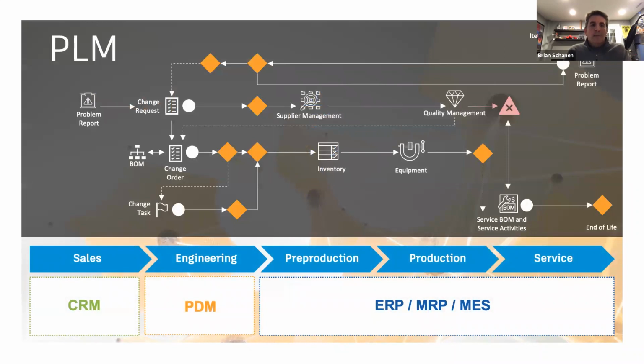So a bit of an eye chart here, but there's a typical process. This is something that can happen day in and day out. The schematic that you're seeing here is what happens. There are different tasks and changes. We know that not everything goes out the door at revision A or revision 1. Change happens for a variety of reasons, and it could be a quality issue, could be something in the field.